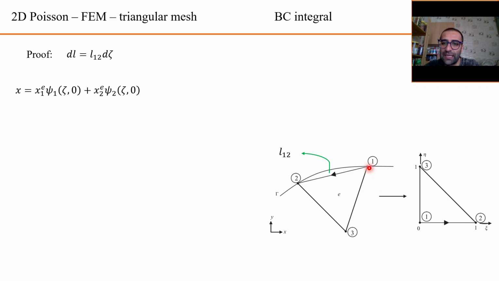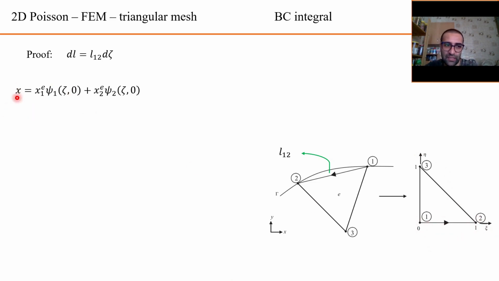We say that any coordinate on this element, especially the coordinates located at node number 1 and node number 2, can be calculated using this equation. Why? Eta here is 0, because when we map this triangle to this coordinate, you see that here we have only shape function 1 and shape function 2, and for them eta is 0 on this contour.